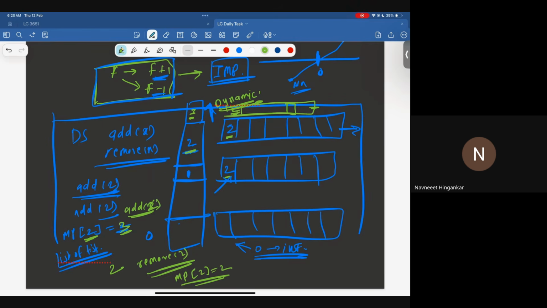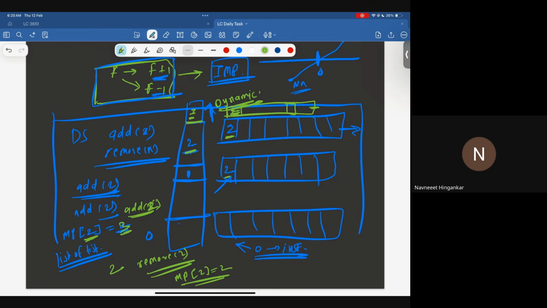Now if I ask you the same question, what's the maximum frequency element? Obviously it's 2, but what will happen here is I need to go through this list to clear my array, right? So I will check what my last element was. My last element was 2, right?